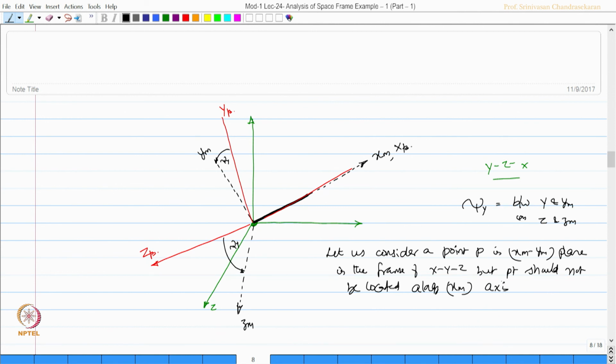Select any point, let us take this point, this is my point P. It is located in xm ym plane, you can see here, this is the plane, but not along xm line.